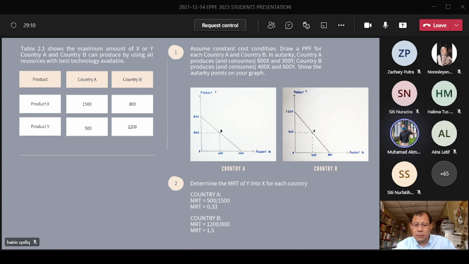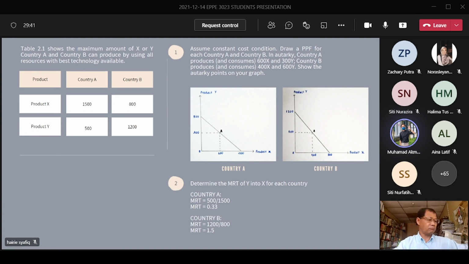Country A can produce 1,500 product X and 500 product Y. Meanwhile, country B can produce 800 product X and 1,200 product Y. The first question is, assuming constant cost condition, draw a PPF for each country, country A and country B.